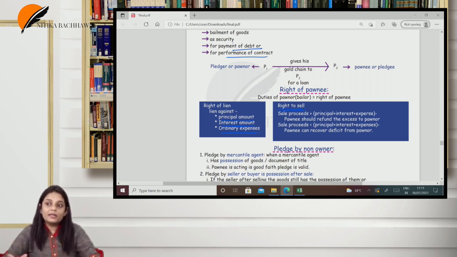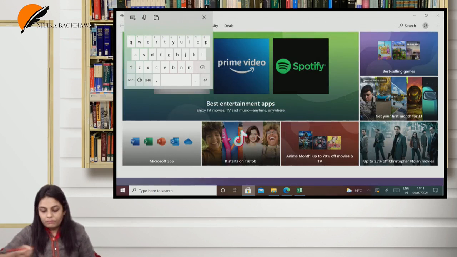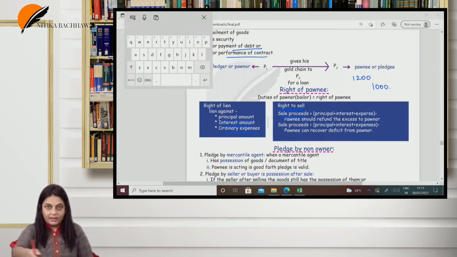Now it is not necessary that the sale proceeds and the amount I am supposed to recover from you will always be the same. Let us say you have to pay me 1000 rupees and on selling the goods I got 1200. If you remember, I just explained it in bailment also.